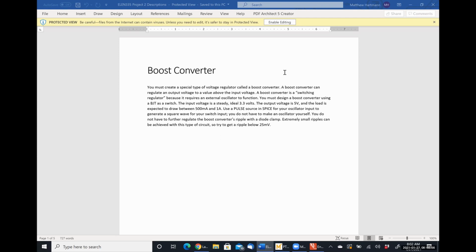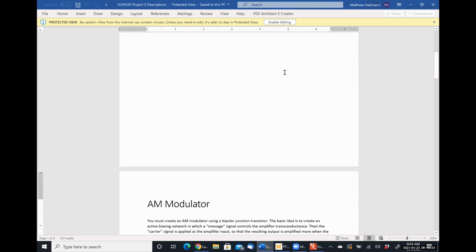The input voltage is a steady, ideal 3.3 volts. The output voltage is 5 volts, and the load is expected to draw between 500 milliamps and 1 amp. So that gives you your power constraints and all that kind of good stuff there. So you're stepping up that voltage from 3.3 to 5. All right. And it asks you to try to get the ripple below 25 millivolts.